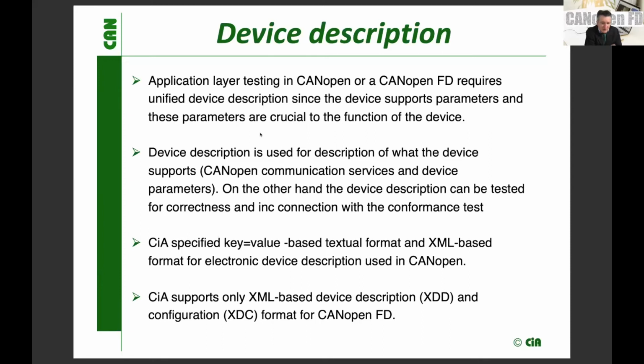To test these devices, we need some kind of description, as we had already for CANopen. So we have information about the content of the object dictionary of the device, and we can verify it is in there and in which content, in which numbers.